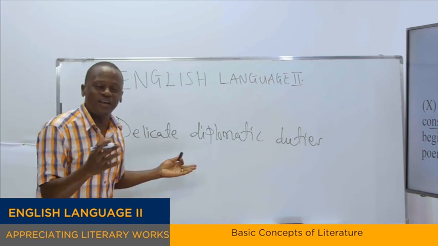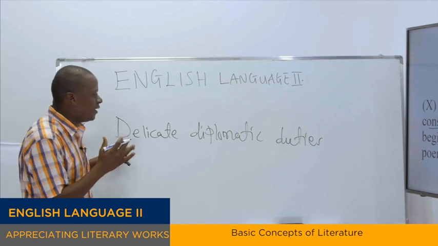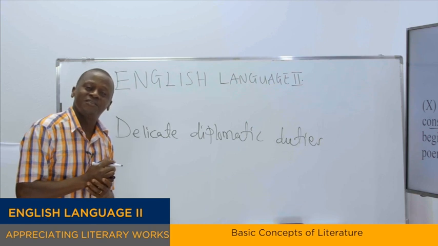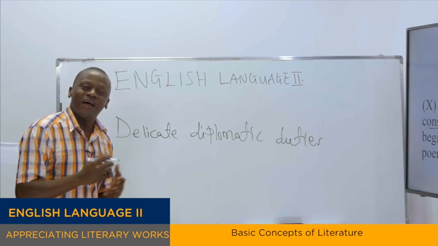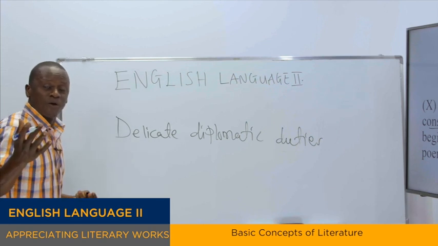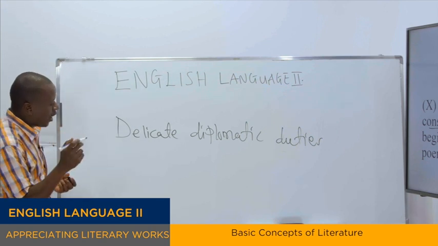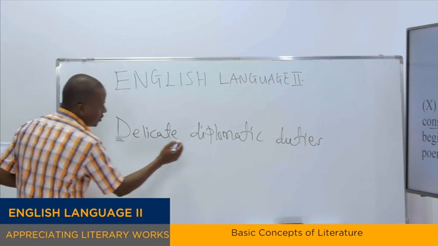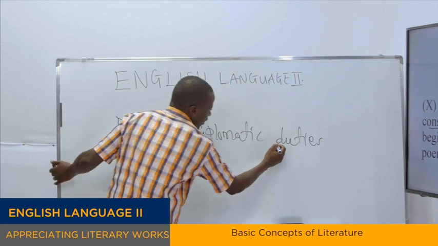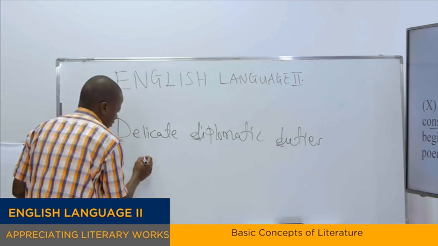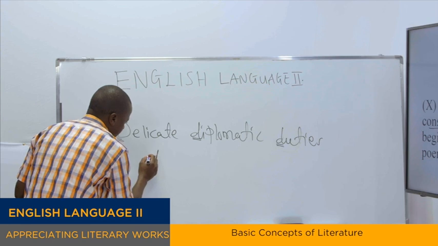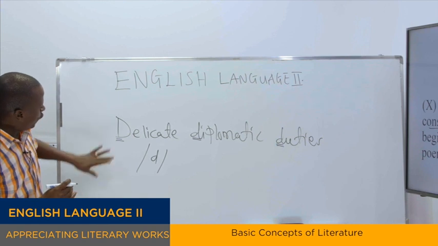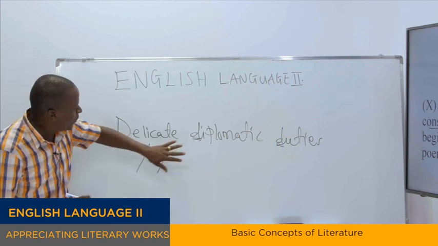Now, which consonant sound has been repeated either twice or thrice? Again, I believe you agree with me that the consonant sound which has been repeated is this one here, at the beginning of each word. This sound has been repeated.